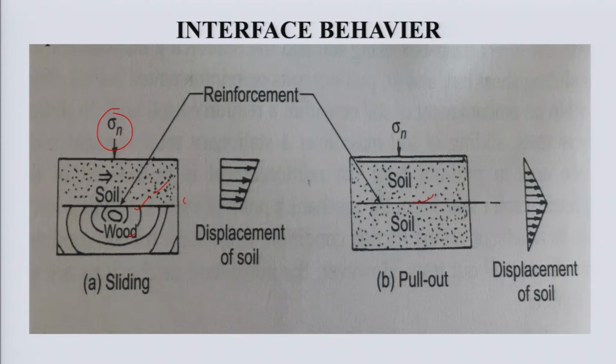The displacement of the soil will be like this way. At the center, the displacement will be the maximum, and at the edge the displacement will be more or less nil. So, once we have provided a reinforcement here, then the displacement will be very much low.